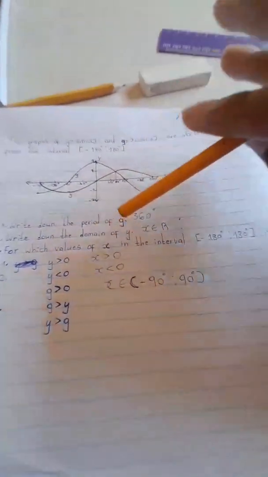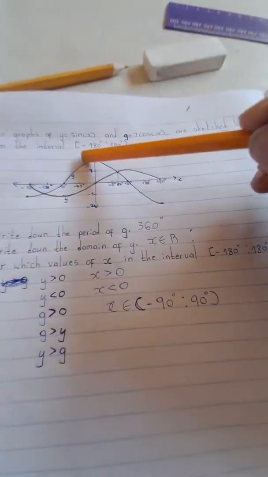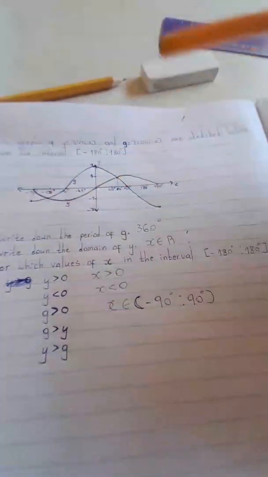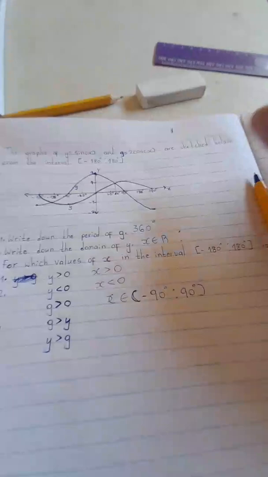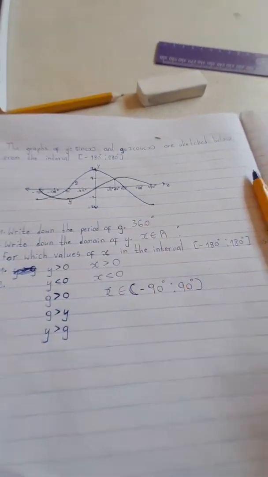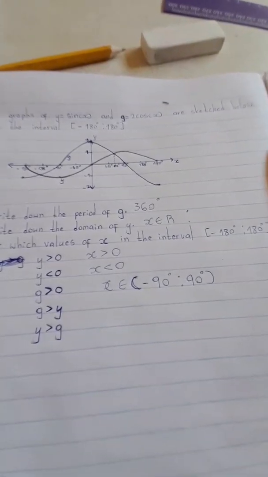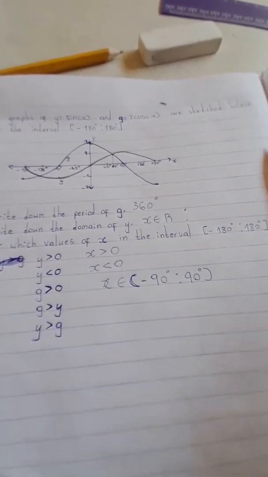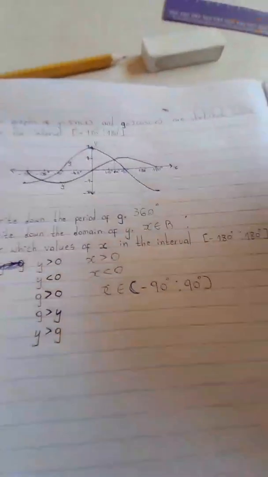And for which values of x is g greater than y? G is this graph here and y is this graph here. When is it that g is greater than y? What are the y values of g that are greater than y? Where is that portion?